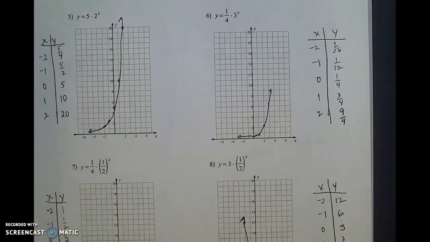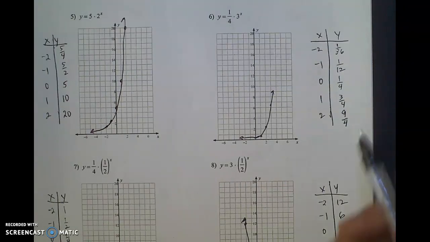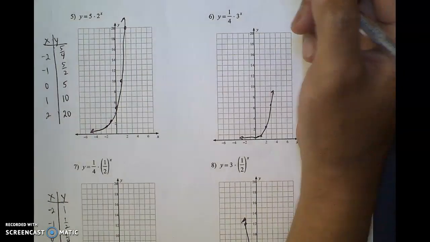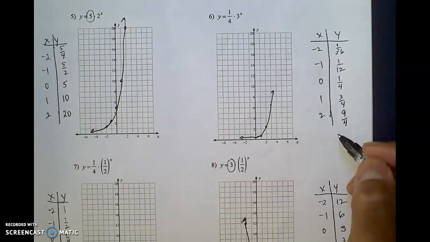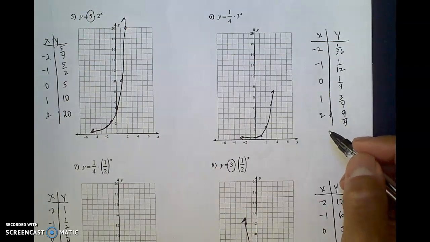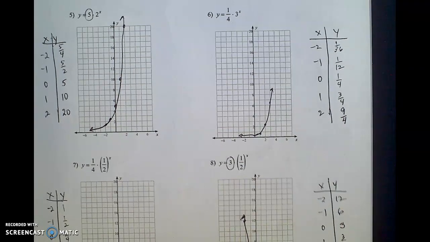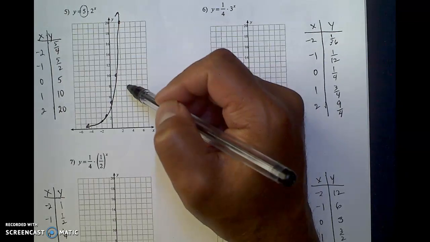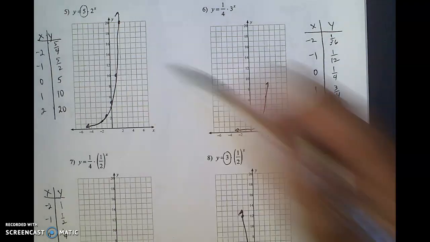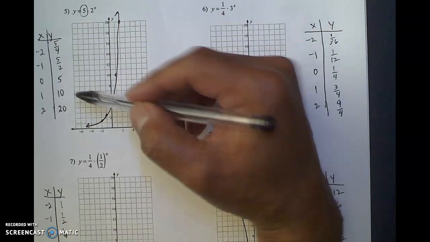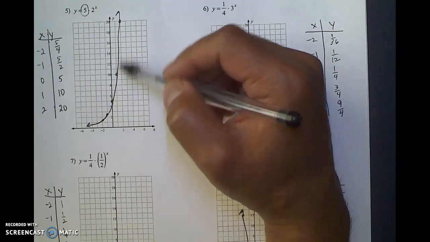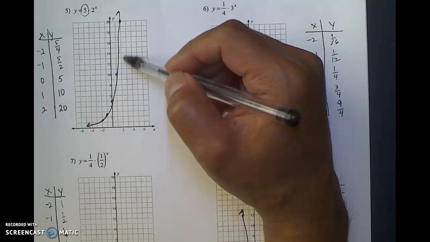Alright, so the things I want you to notice with these graphs. Let's start off with when the factor that we are multiplying each of these exponentials by is a number bigger than 1. What's going to happen is that our output values are going to get bigger faster. This is what's called a vertical stretch.